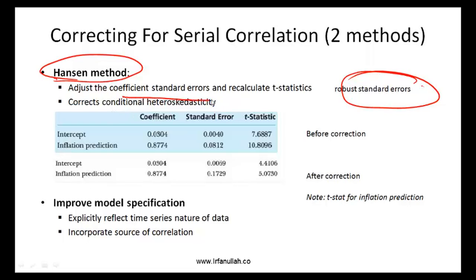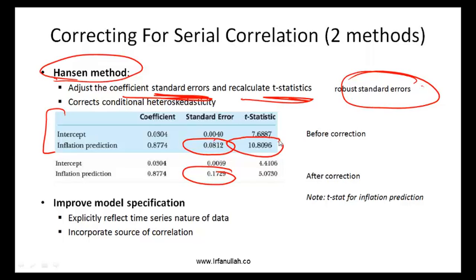They adjust your standard errors and recalculate the t statistics. What's happened over here is, this in blue is the older one before the correction. Look at what's happening to the standard error here. It's 0.08. And then with the correction, the standard error becomes much higher. And what's happening to the t-stat? It's going from 10.8 down to 5.